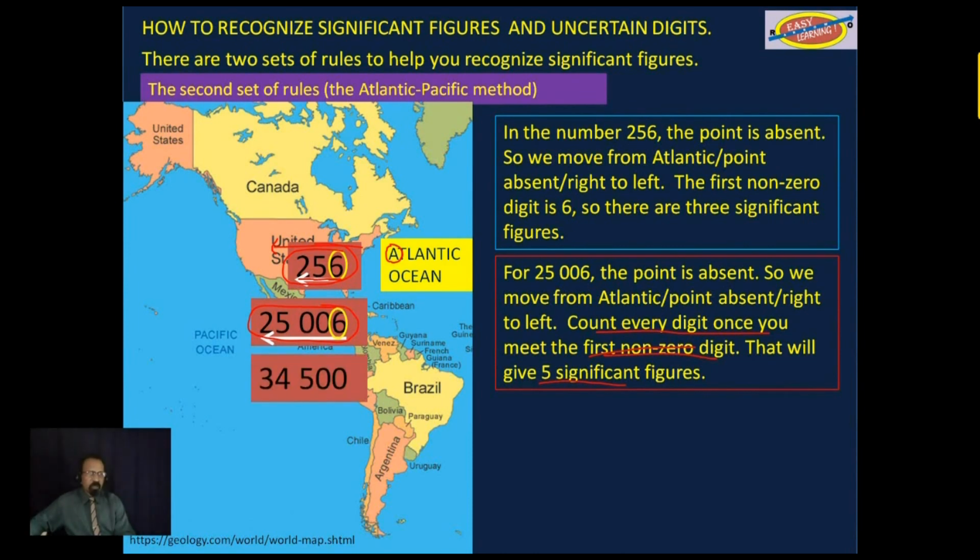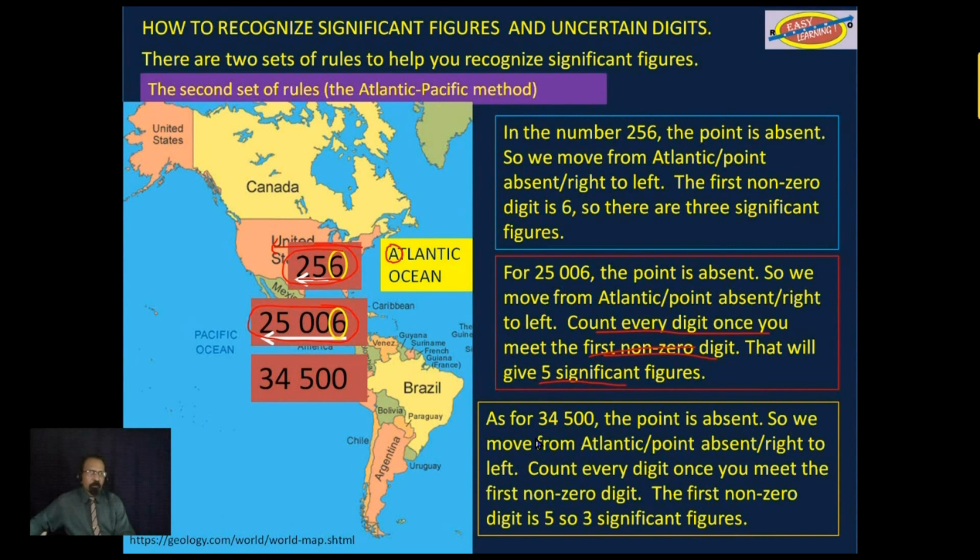34,500, we saw this before. The point is not expressed, so we will say it is absent. We will begin from the Atlantic side. Atlantic, absent. A for Atlantic, A for absent. So 34,500, point is absent. We will move from the Atlantic to the left, and we will count from the first non-zero digit and everything else on the left.